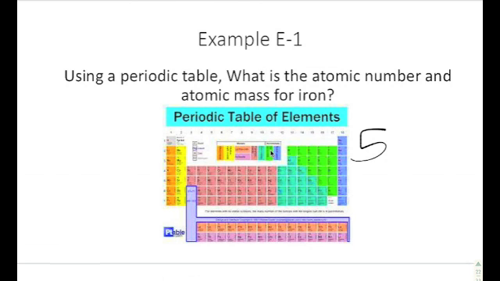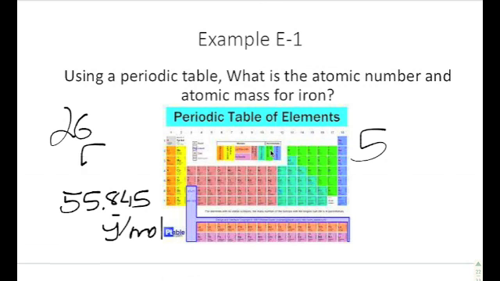Okay, iron is 55.845 grams per mole, because that right there is the atomic mass. Now, if you look at the top number, which is the atomic number, that right there is 26. So you see 26, you see iron, and then you see 55.845 grams per mole.